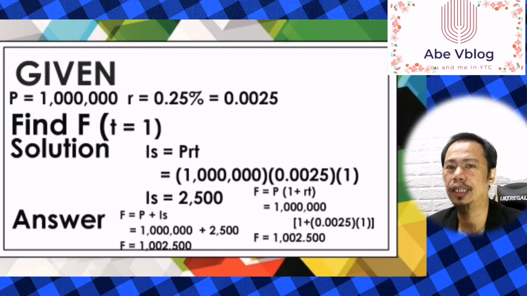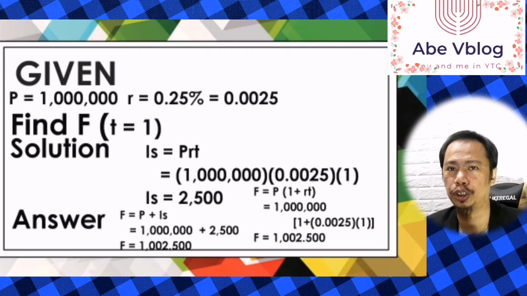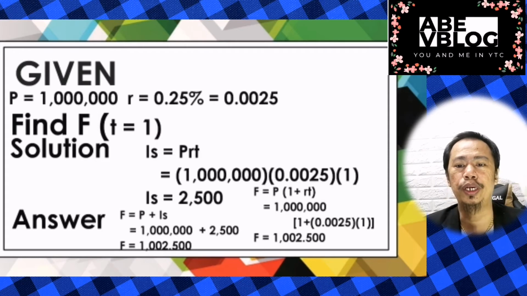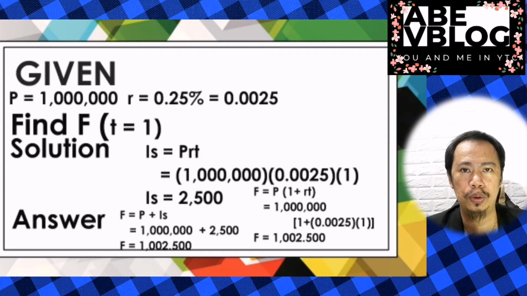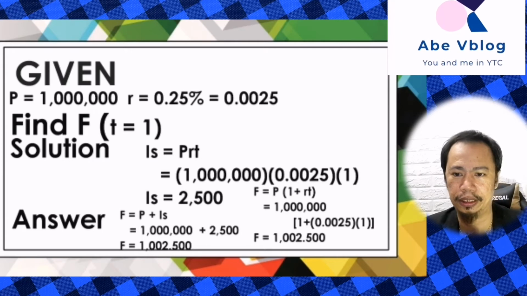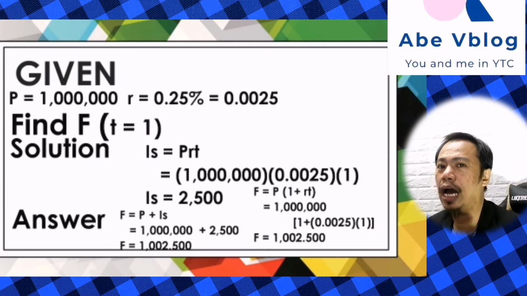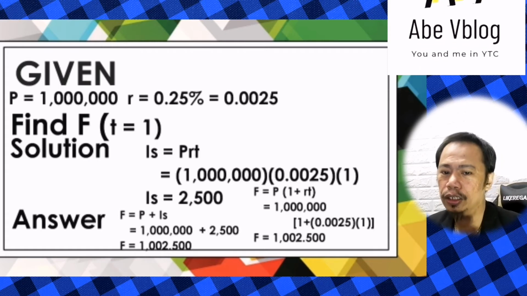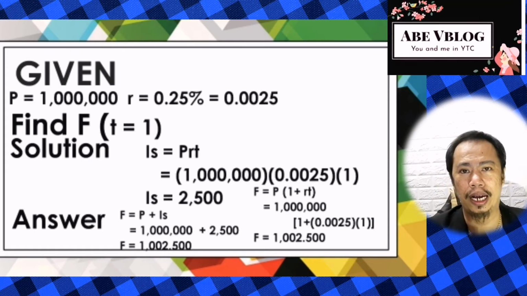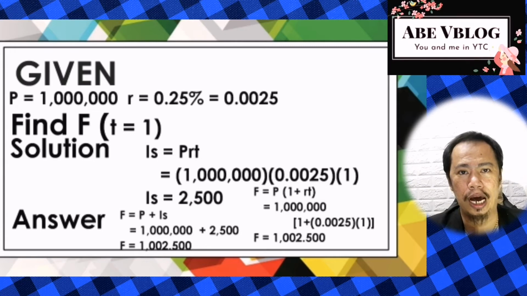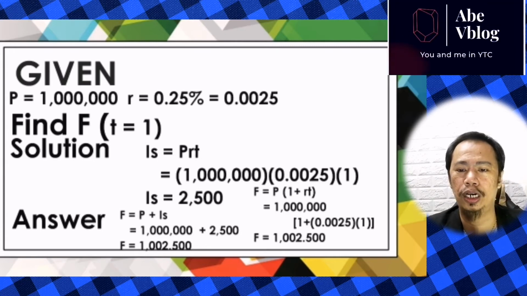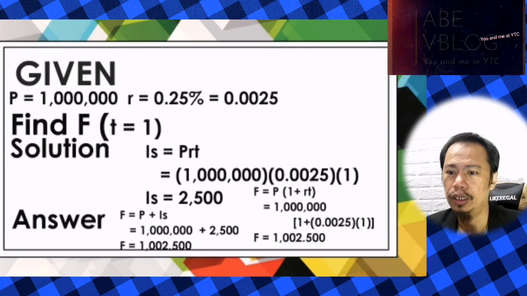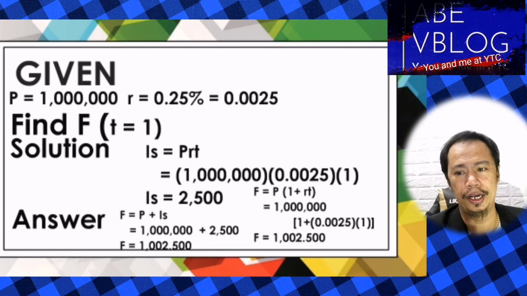Then to get the F, the future value or the maturity value, we use the formula F is equal to P plus IS. So we have 1 million plus 2,500. Then the future value of our money, the 1 million, will now be 1,002,500.